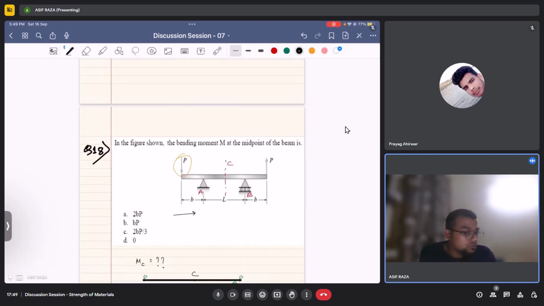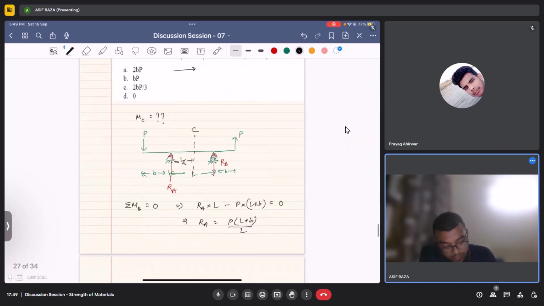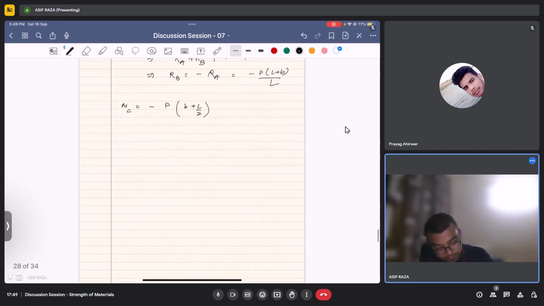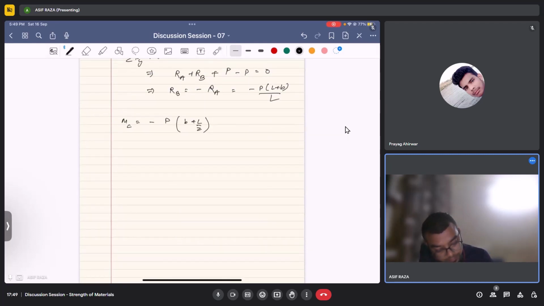The contribution would be anti-clockwise. Now due to RA, RA into L by 2.